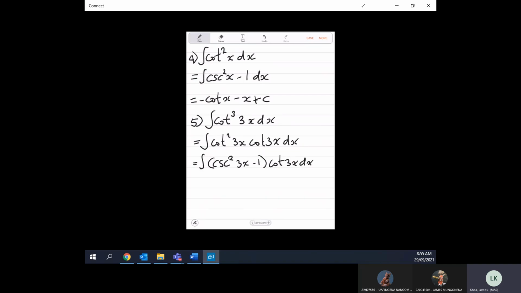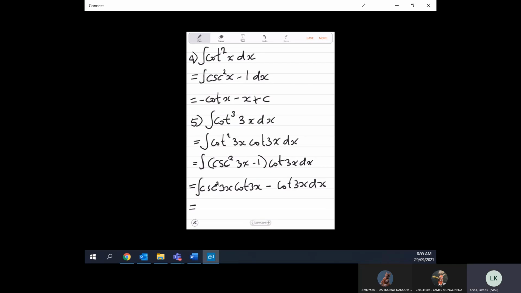Then we can multiply out our brackets. This is the integral of cosec squared 3x cot 3x minus cot 3x dx.